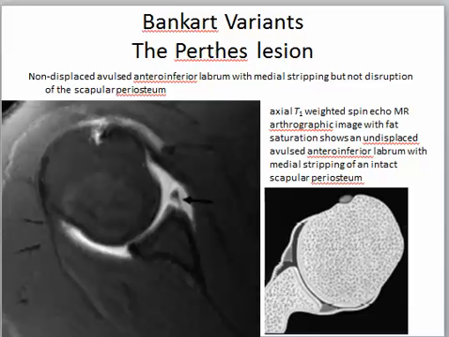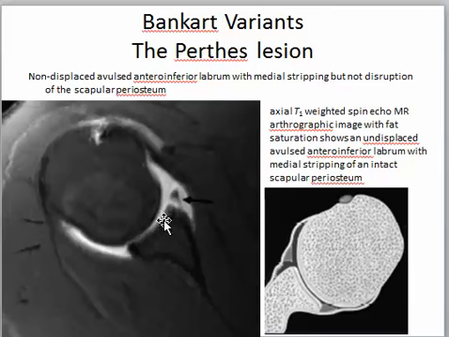The Perthes lesion. In Perthes lesion, we have non-displaced avulsed anterior labrum. The labrum is still there, not displaced. It is, as we said, a Bankart variant, meaning involving the anterior labrum, and it is seen as non-displaced avulsion without any involvement of the periosteum.